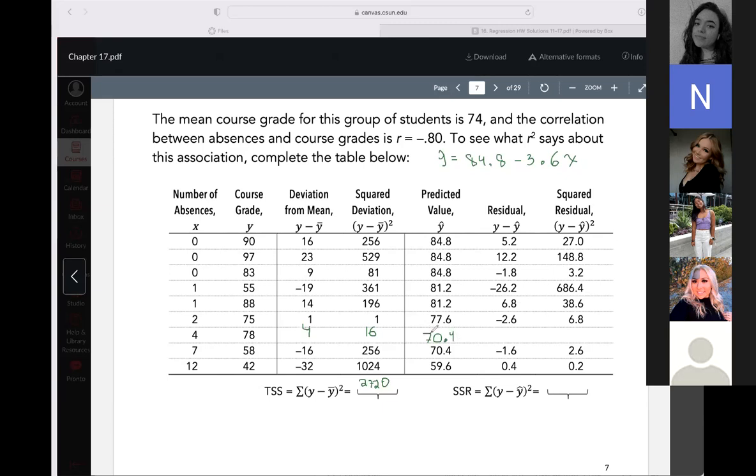Anyone see where the ouchie is? Would it be that 7 has the same number? Yeah, this can't be right because 4 is 70.4. So what should 7 be?